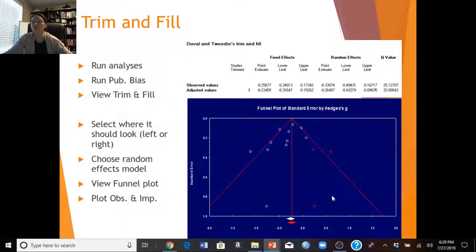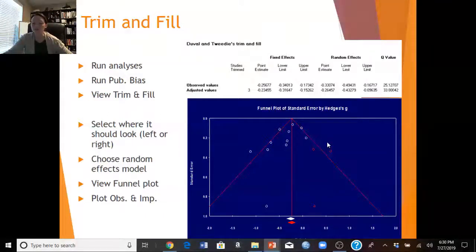So where we want the computer to look when we have a negative Hedges G is to the right of the mean on this side of the funnel, because this side of the funnel represents the less significant effect sizes, the effect sizes that supported the control group or showed no effect whatsoever. So why do we want it to look to the right of the mean? We need the computer to search for effect sizes that are much lower that are missing.